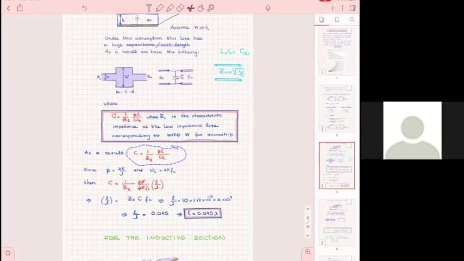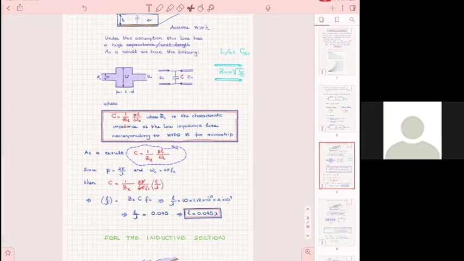Otherwise, if you try to materialize a capacitance from a line that has not very low impedance, then you get very long lengths of line, and we know that these formulas do not apply for very long lengths of line. They apply only for short lengths of line. So this is what I'm using here, and I'm looking for the lowest they gave me, which is 10 ohms.